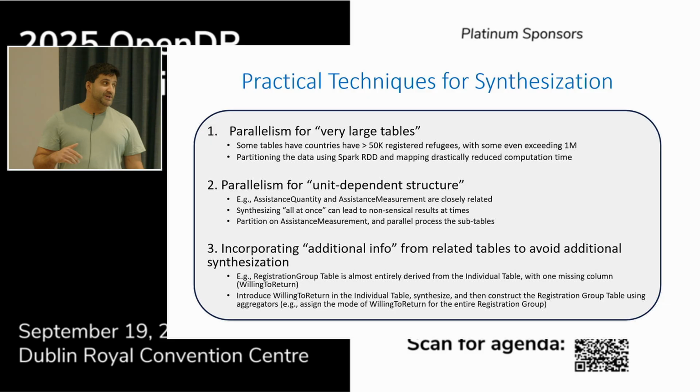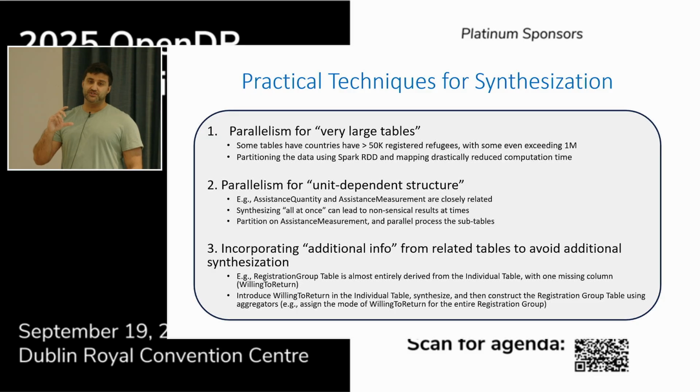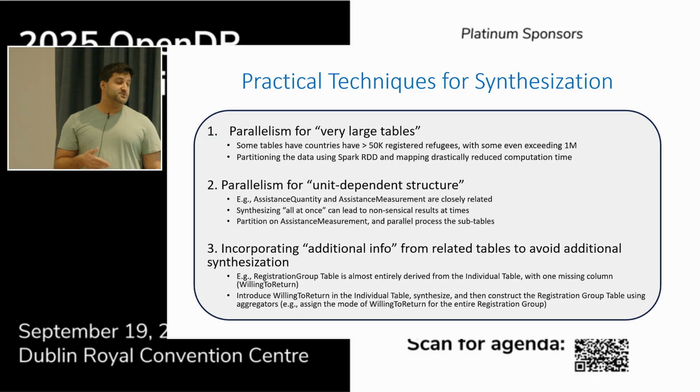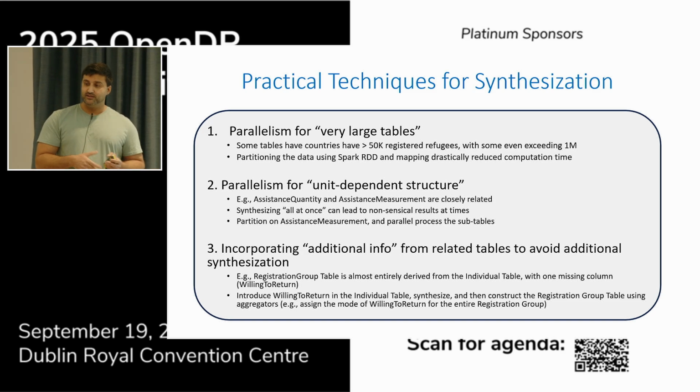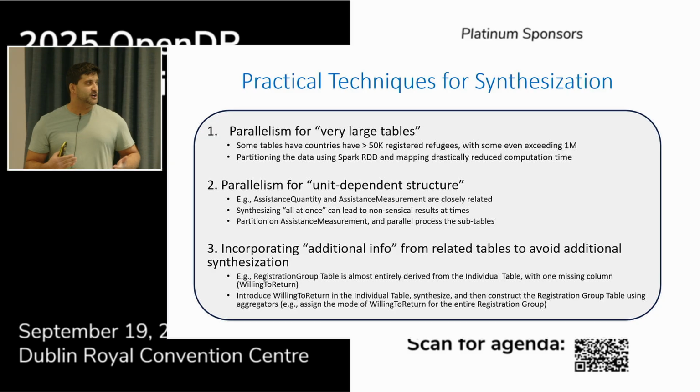So before we synthesized, we put that column in the individual table and gave everybody in that group the same Boolean value for whether they are willing to return. Then when we generated synthetic data, we post-processed by taking the mode to rebuild the registration table. These types of things really helped streamline the process a bit.